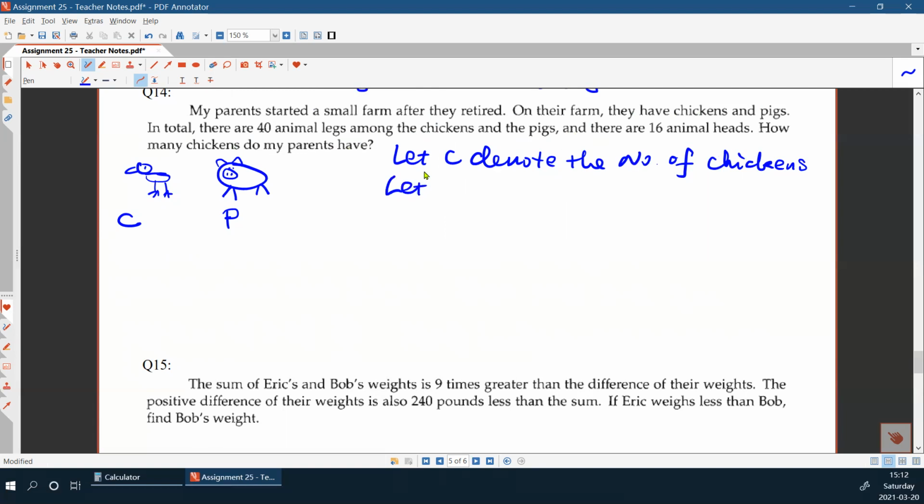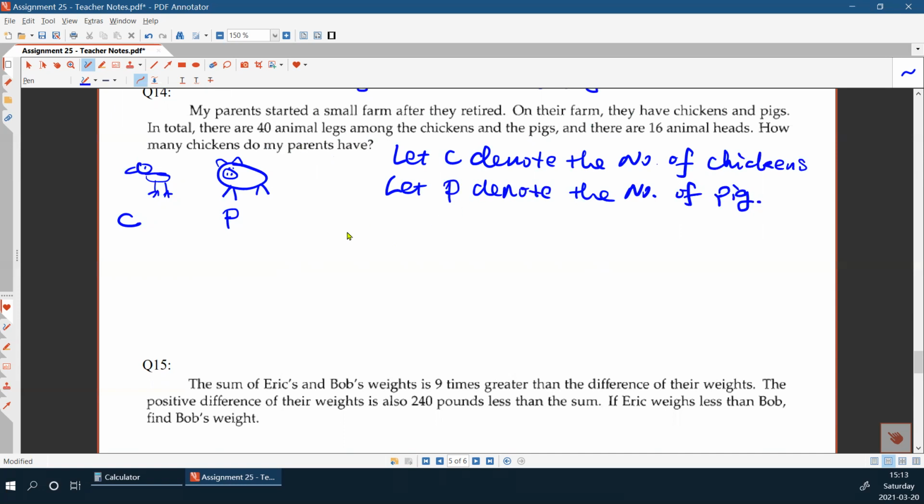Next, you don't want to know the number of pigs, right? But in order to solve the number of chickens, you use the letter P to denote the number of pigs, because this will help you set up the system of equations.